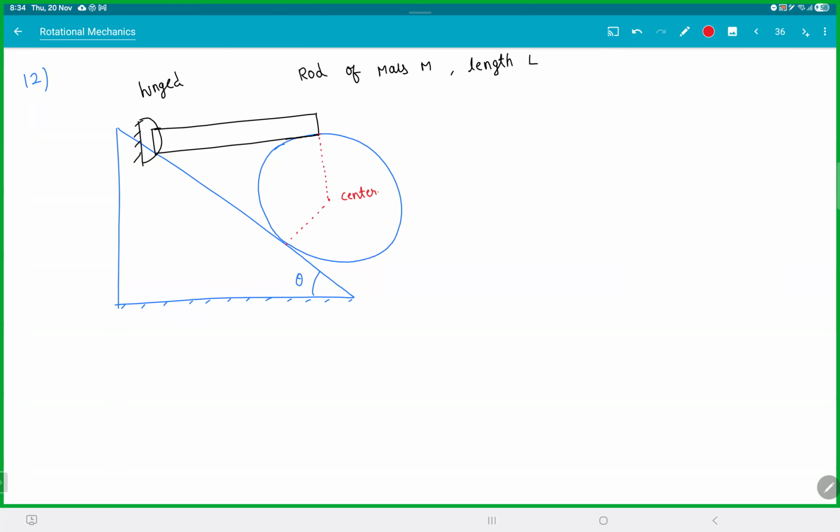This is a solid cylinder. This mass is also capital M and radius is R. And the incline is rough. Even the rod is also rough. All surfaces are rough.